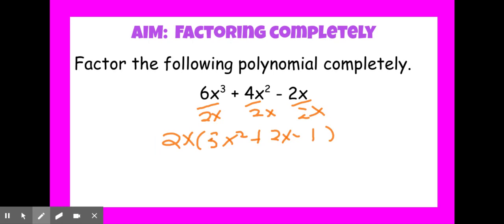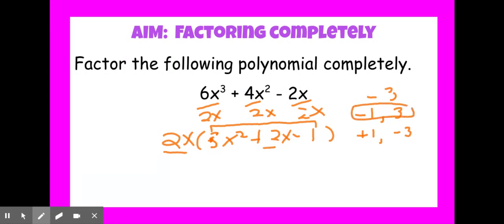So now we're not going to factor our 2x. We're going to look at our trinomial and factor that. Now this is a trinomial with a leading coefficient, so this is going to be a little bit more challenging. So when we're factoring this trinomial, we're going to multiply the 3 times -1 and get -3. And we know our factors of -3 are -1, +3, or +1 and -3, which are going to give us a +2. And that would be -1 and +3.